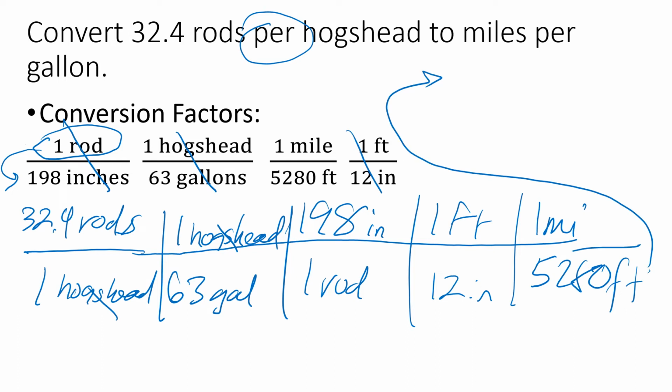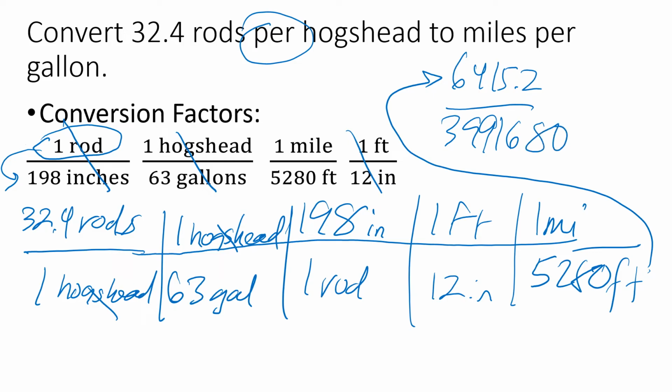So 32.4 times 198, my numerator, 6415.2, divided by 63 times 12 times 5,280. So my denominator is actually going to be this. So I'm going to divide the two.